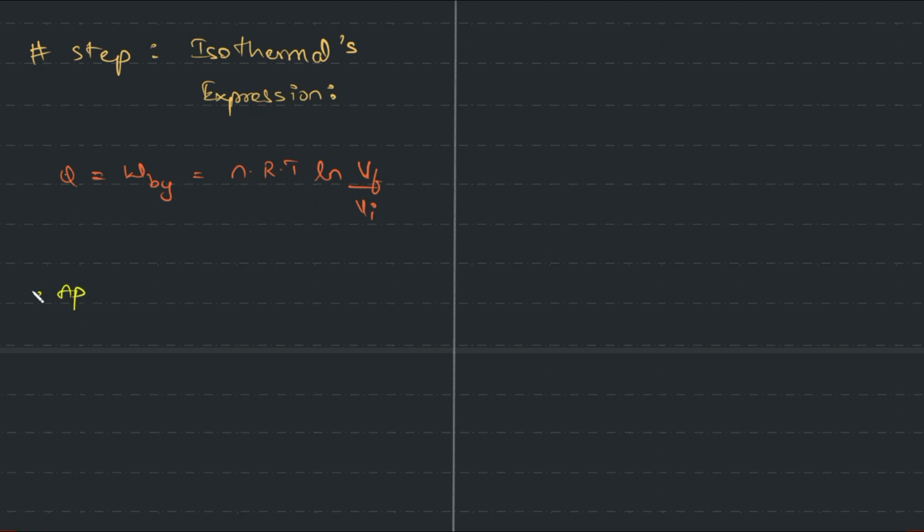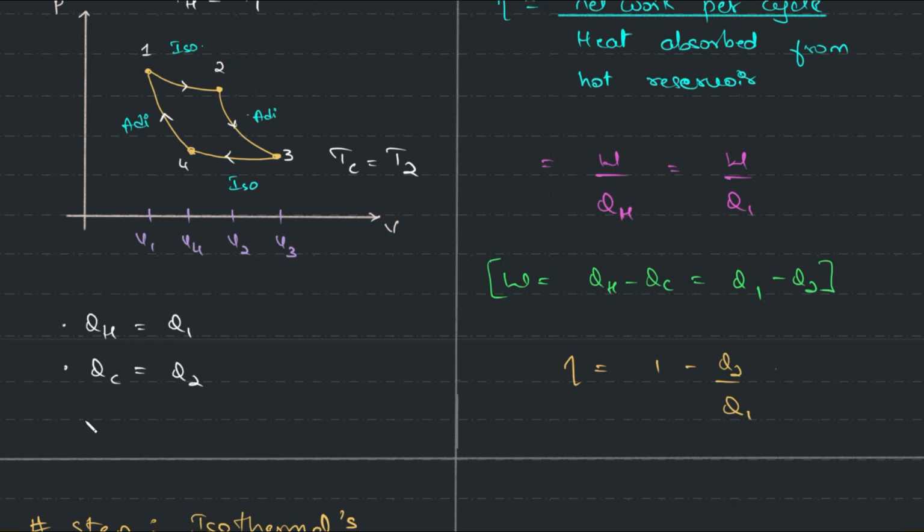So let's apply this to our first isothermal process from 1 to 2. Right? So basically if this is your graph, this part is what I'm talking about. Okay. So here your temperature is maintained at TH, which we're calling T1. Right?